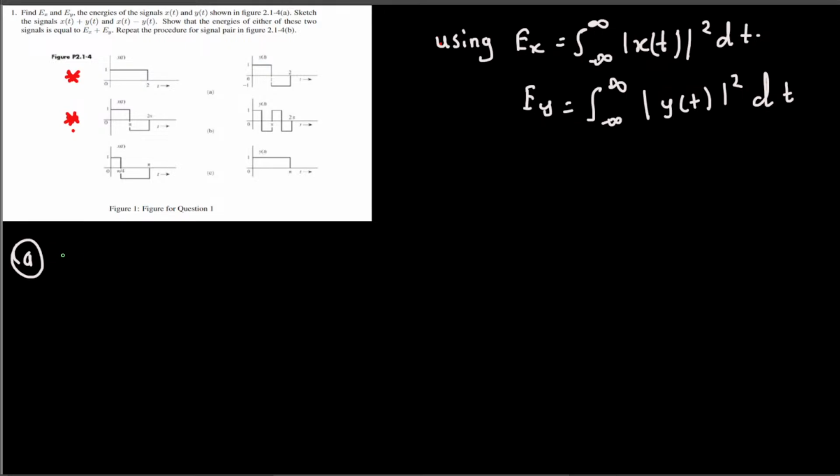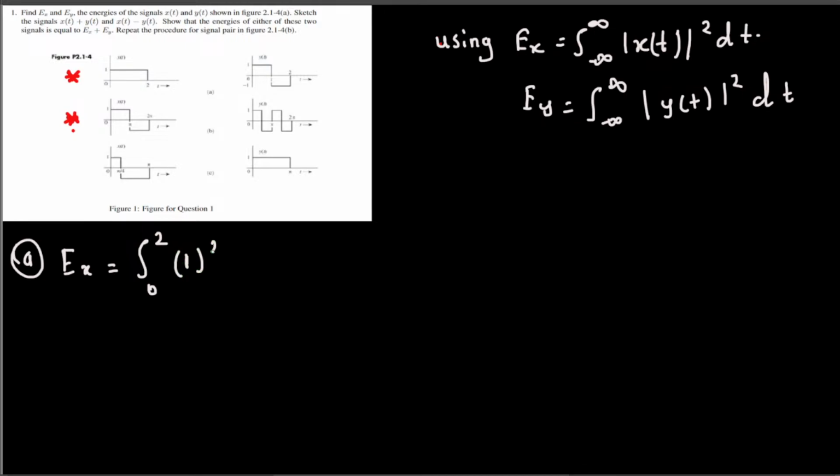So Ex is equal to the integral from 0 to 2, and the height is our variable inside, which is 1 right here.